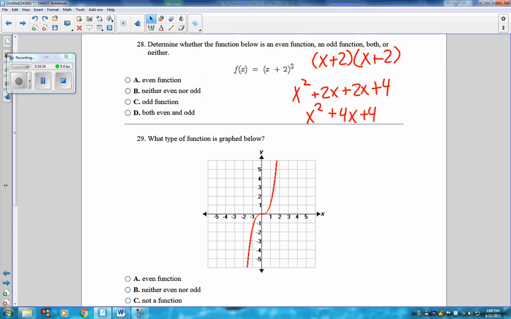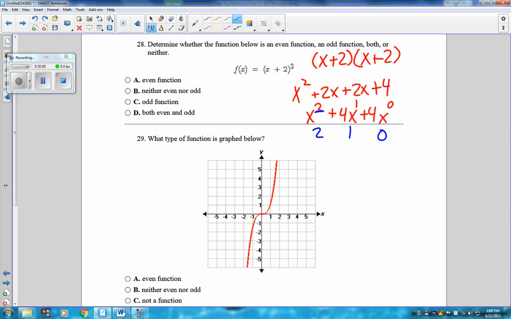Now, to determine if something's even, odd, or neither, I have to look at my exponents. The exponent of my first variable is 2. The exponent of my second one is 1. And the exponent of a constant number is x to the 0th power, so in this case, it's 0.